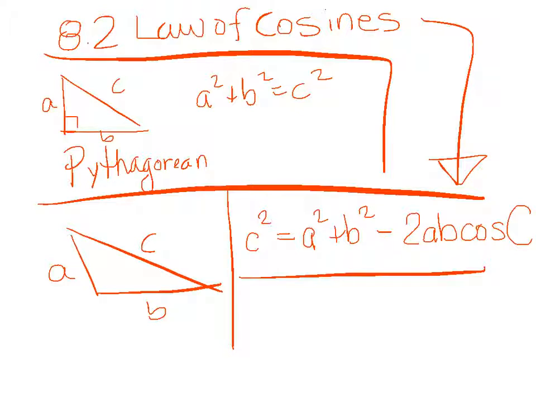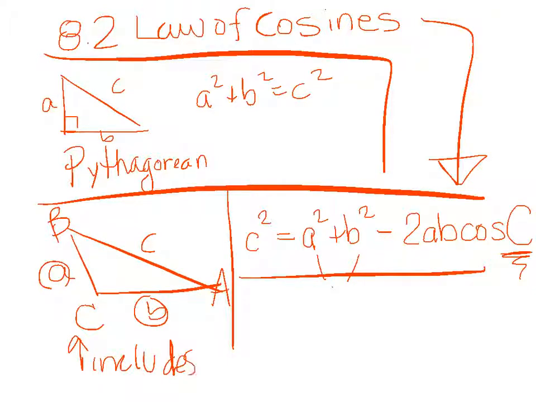If you remember what this looked like, this is angle A, this was angle B, and this is angle C. So you have A and B. Say you had these two sides, then you have to know the included angle. So the law of cosines works really well for this side, angle, side. I knew the two sides, and I knew the included angle.